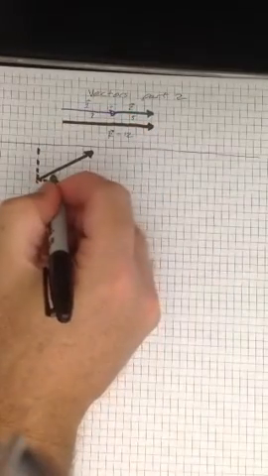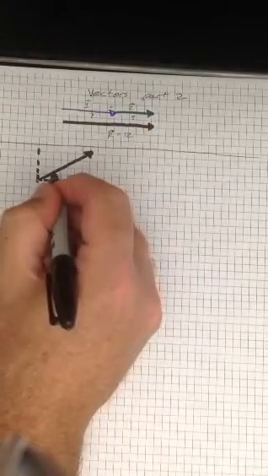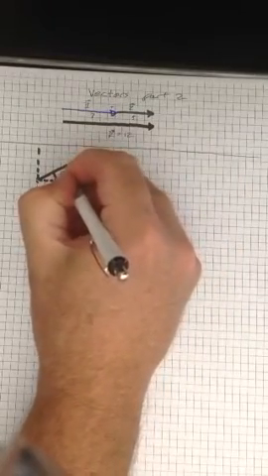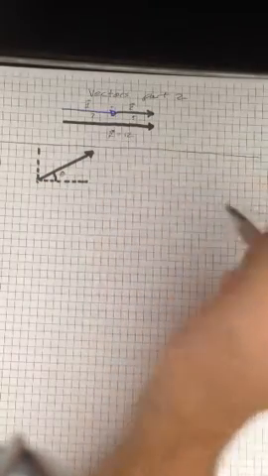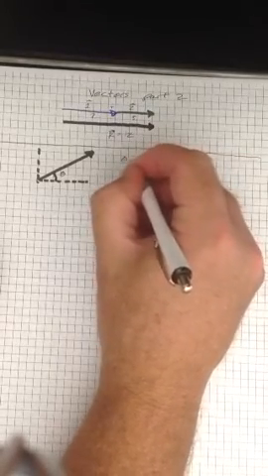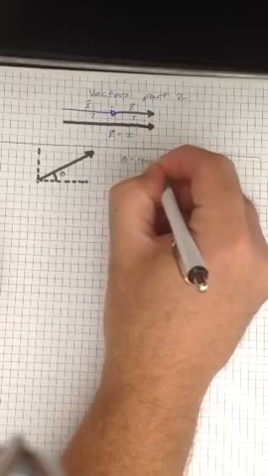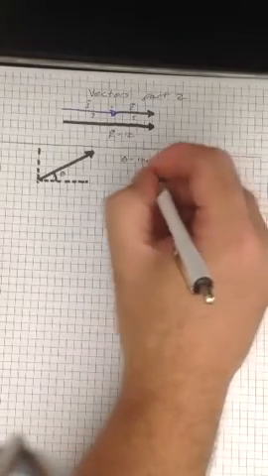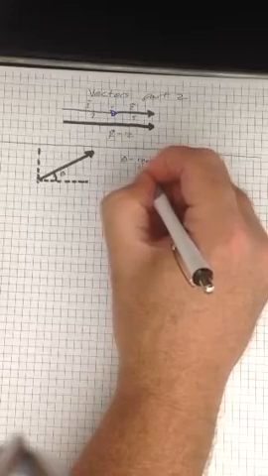Okay, so we can have an angle that's here, so we'll call it that angle right there, or we can call it the other angle on the other side. But this angle right here, we're just going to label it as theta. And theta is a usual Greek letter that we use.